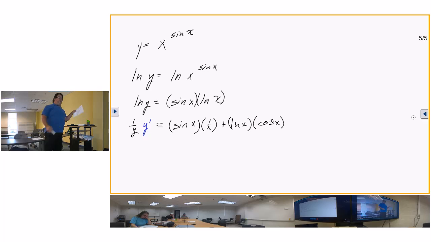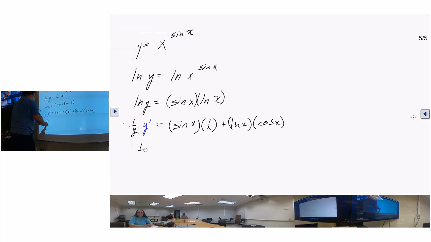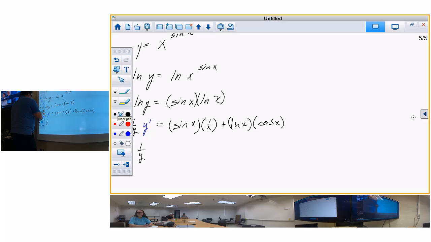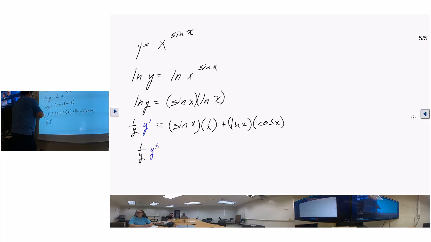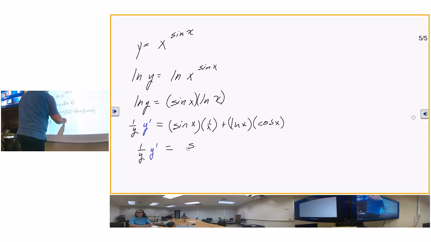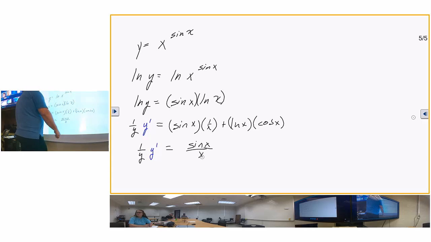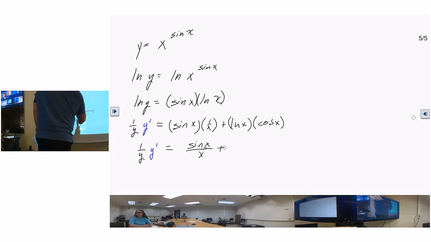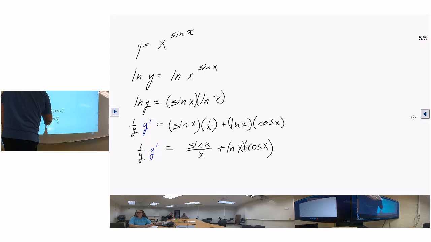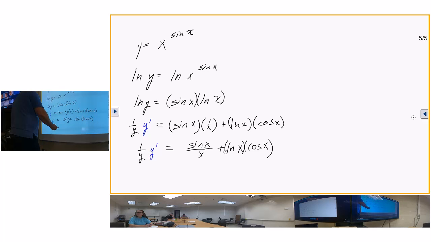So that's going to give you, you can write it however you want to, but I'm just going to go 1 over y times y prime is equal to sine of x over x plus natural log of x cosine of x. So there's really not much you can do there. And then multiply through by y.